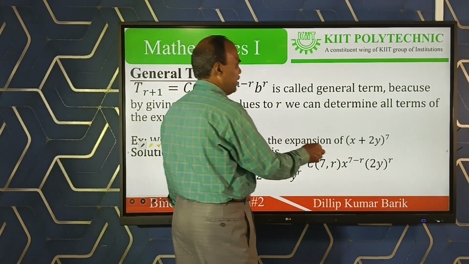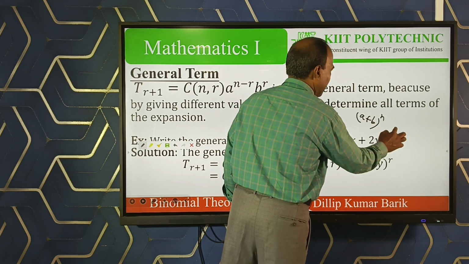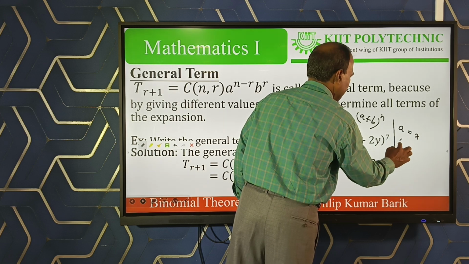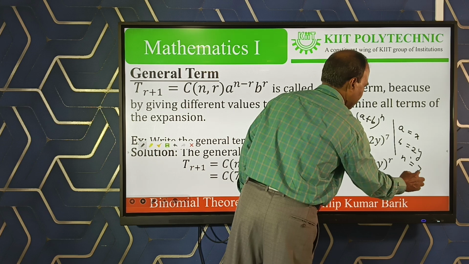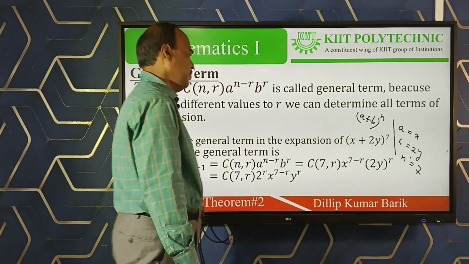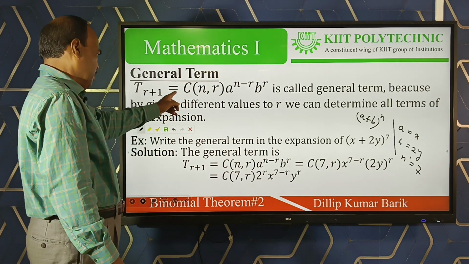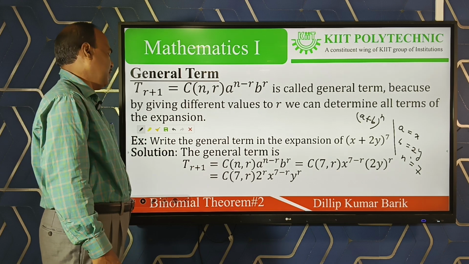Compared to our statement (a + b) to the power n, what is a here? In this question, a is equal to x, b is 2y, and n is 7. What is now the general term formula? nCr a to the power n minus r b to the power r.